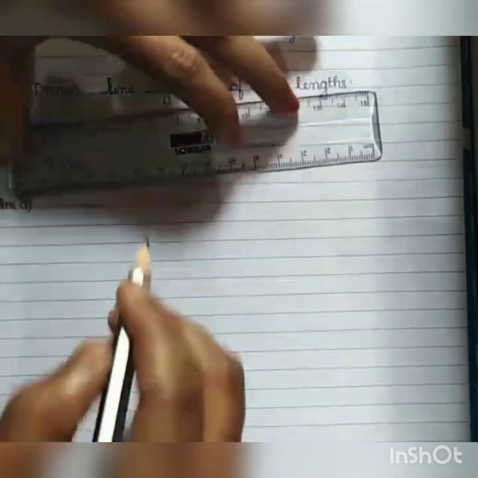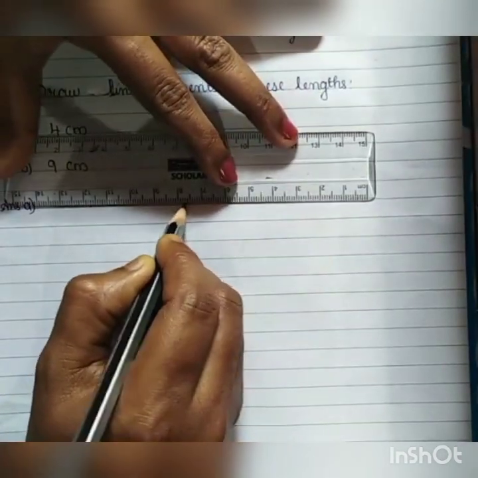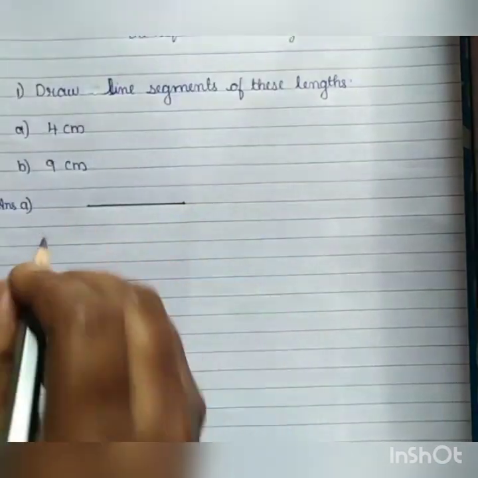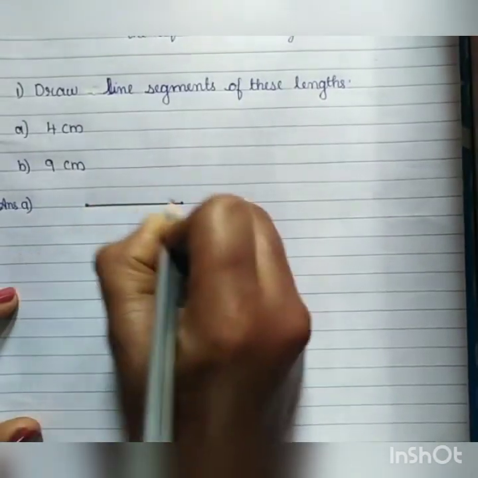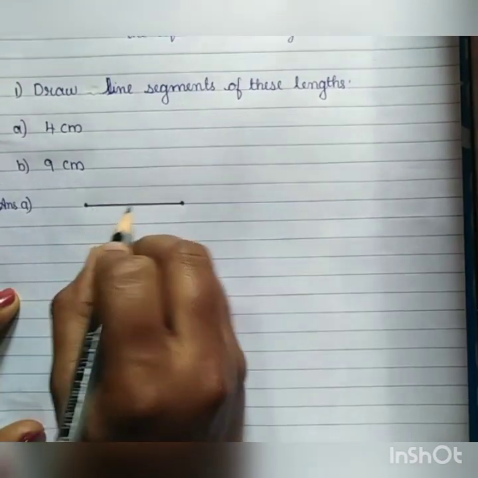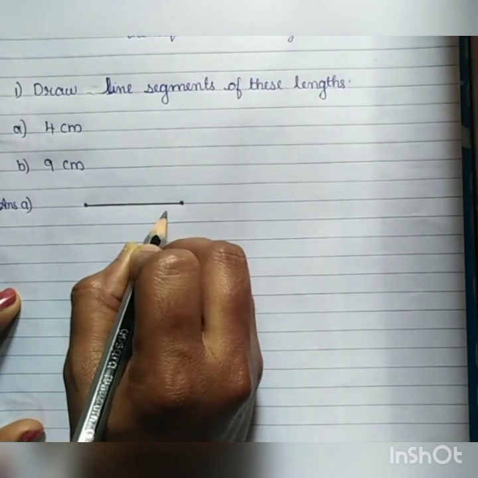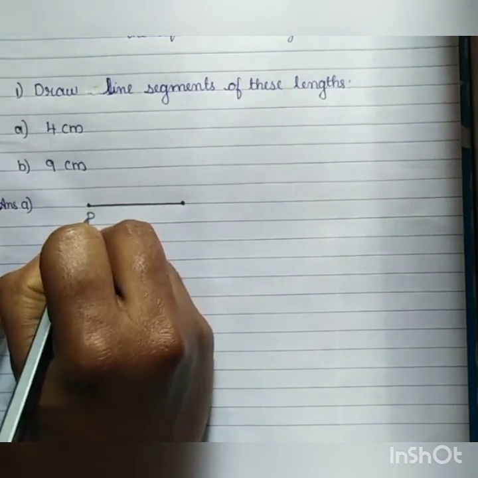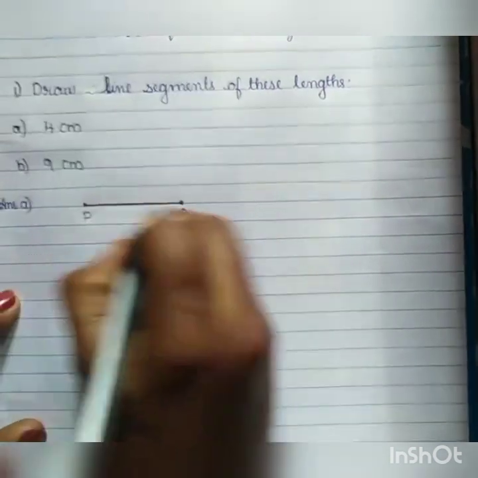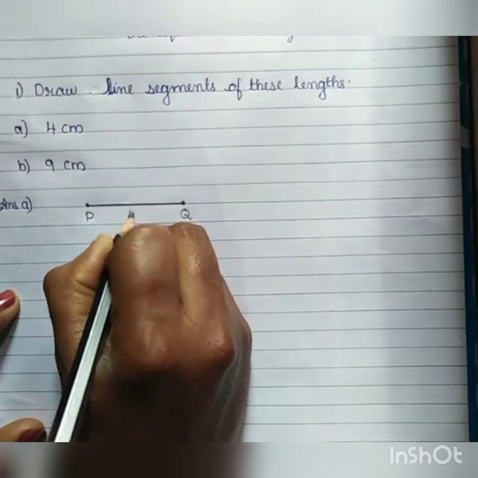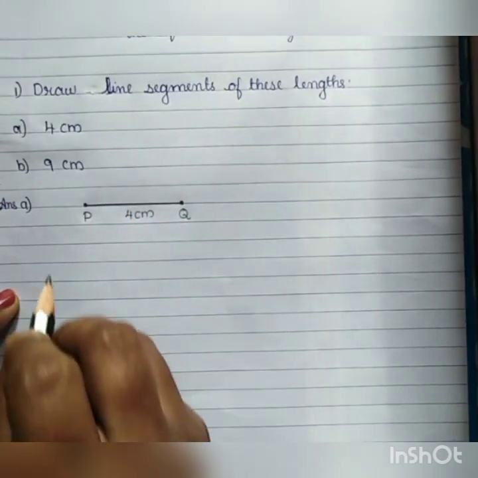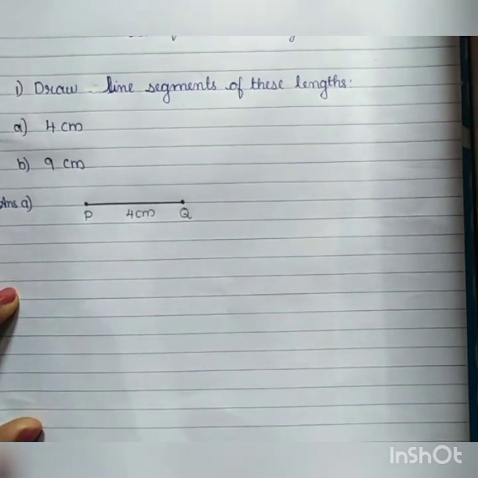Now we can join the line segment. So these are the two endpoints, and this is the required line segment. We can name this line segment as PQ. So we can write the measure as 4 cm. This is the required line segment.